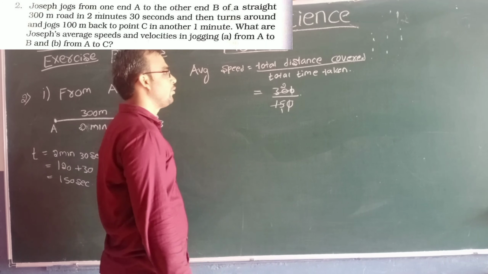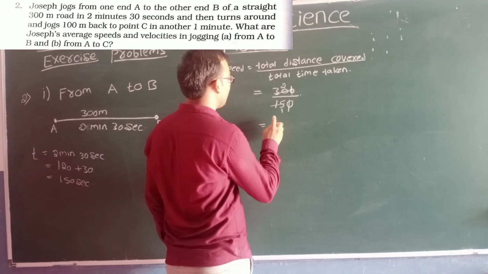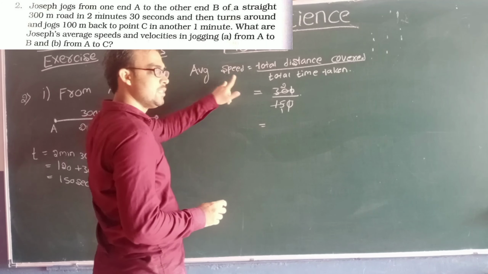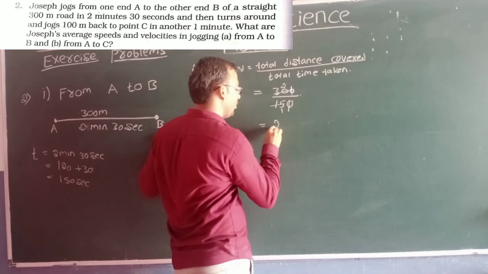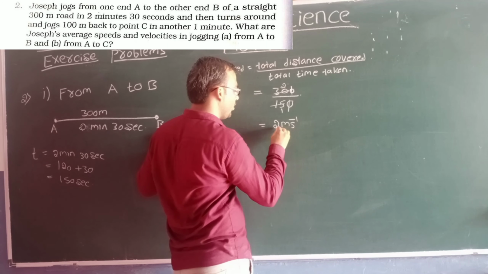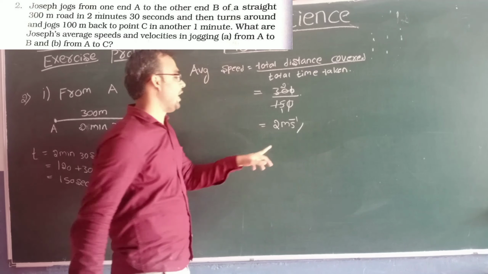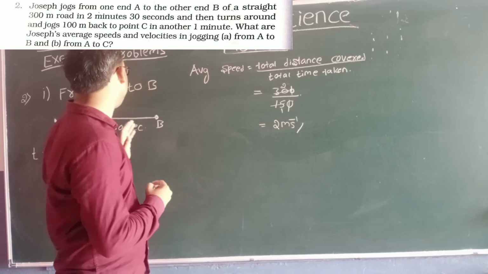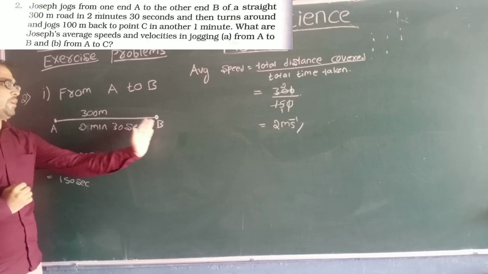So the average speed is 2. And what is the unit of speed? Meter per second.